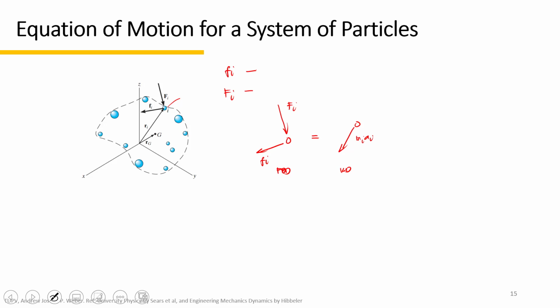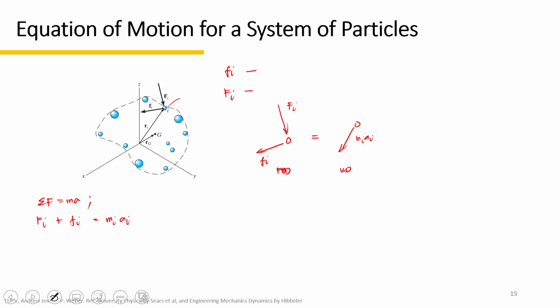So applying the equation of motion, sum of F equals m a, since we have two forces, this would result to F_i plus small f_i is equal to m_i a_i.